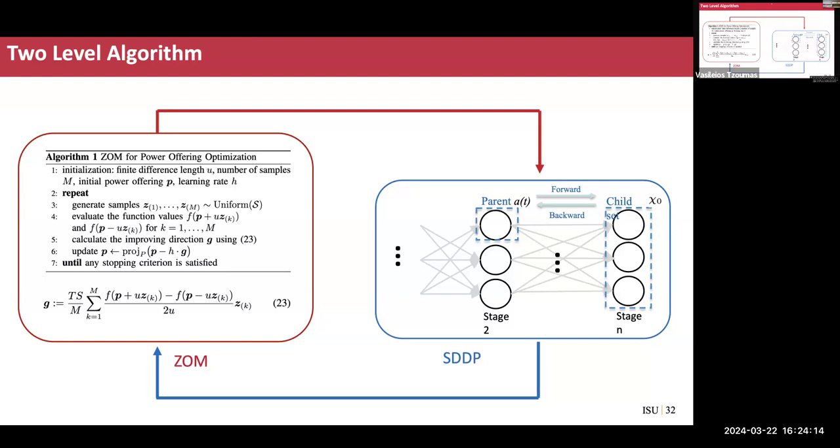And we use this as an update of our power offering in this zeroth order problem, in this virtual stage problem. And we iterate between the two to improve our approximation of the power offering.